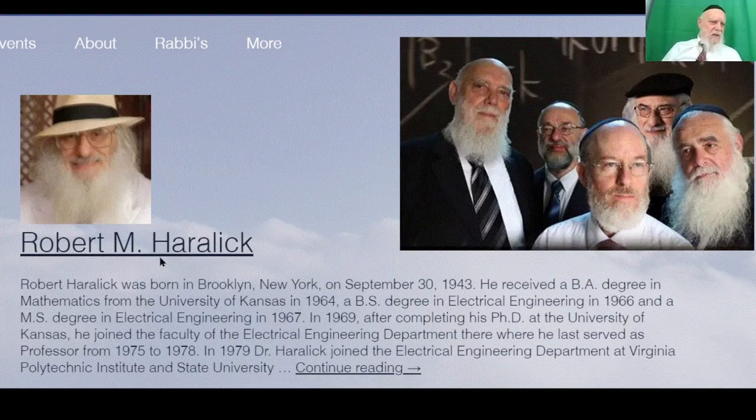And Professor Haralick, as you can see, Robert Haralick was born in Brooklyn, New York, on September 2nd, 1943. He received a BA degree in mathematics from the University of Kansas in 1964, a B.S. degree in electrical engineering in 1966, and an M.S. degree in electrical engineering in 1967.